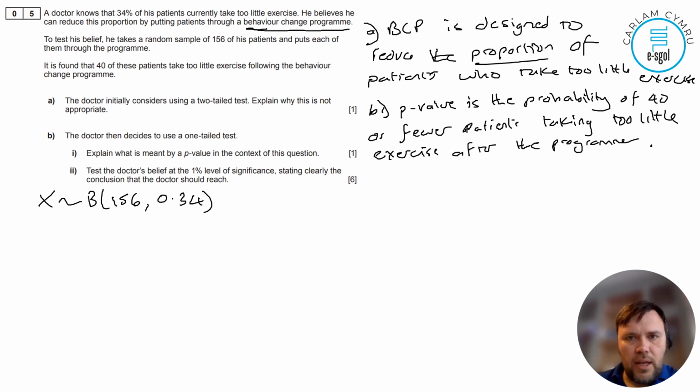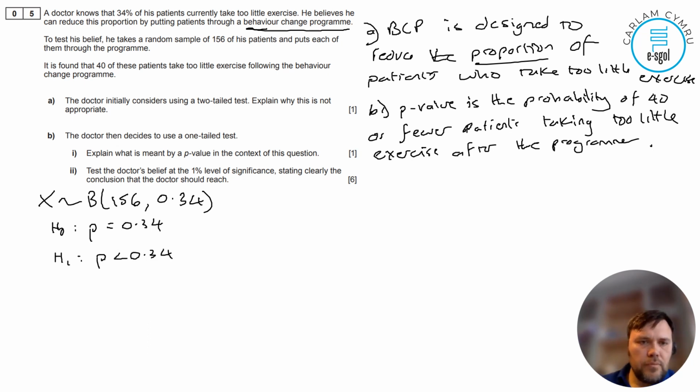You're then looking for H0, which states that p is equal to 0.34, and then H1, which is p is less than 0.34. So that gets you 2 marks before you do anything else.